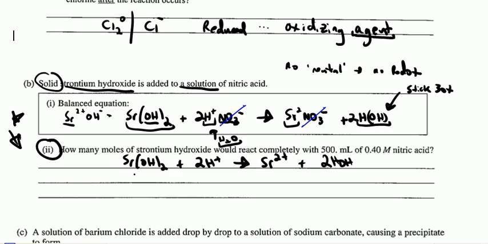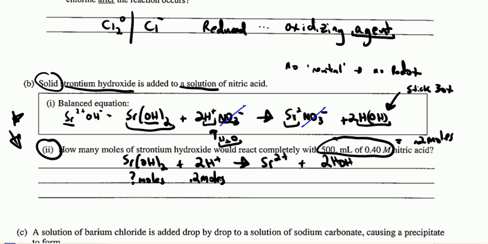It says how many moles of strontium hydroxide would react completely with 500 milliliters of 0.4 molar nitric acid. For those of you that did not have molarity last year, this is the equivalent of saying 0.2 moles. So if you had 0.2 moles of the nitric acid, which is the H plus in this case, how many moles of strontium hydroxide would be required?